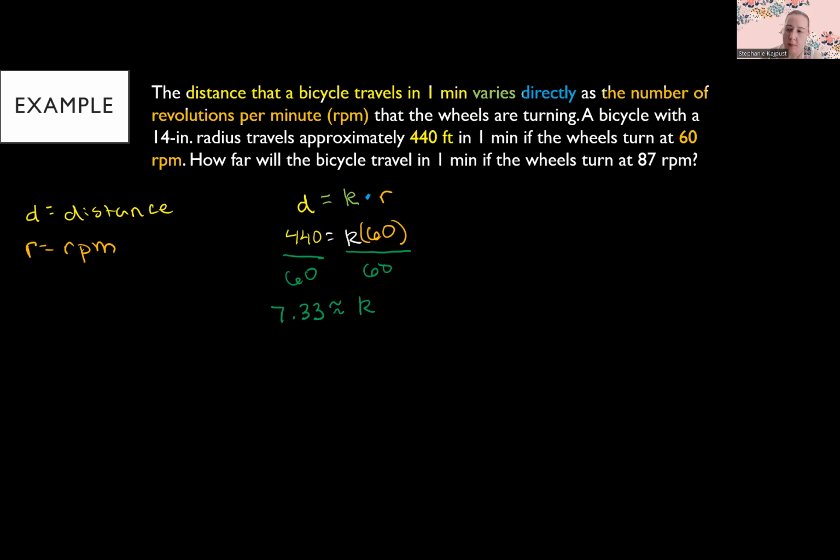So a problem in ALEKS, they would tell you what to round to. They would say like round to 2 decimal places for your value for K. If it doesn't specify and it is a repeating decimal, then you might want to leave it as a fraction, which my calculator can convert between fractions and decimals. And so in fraction form, this is 22 over 3.